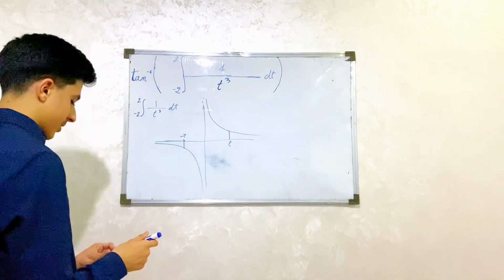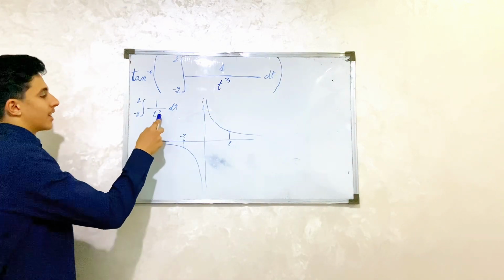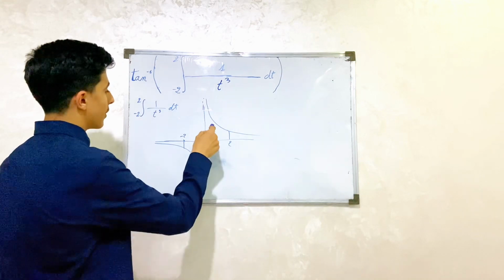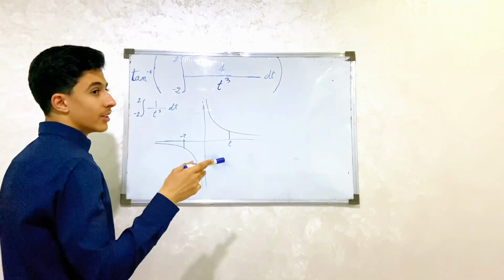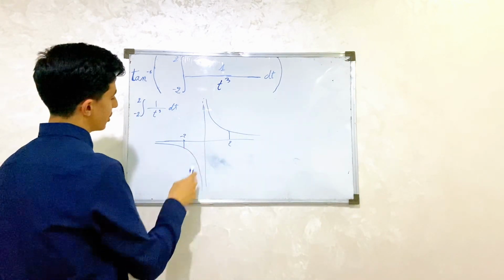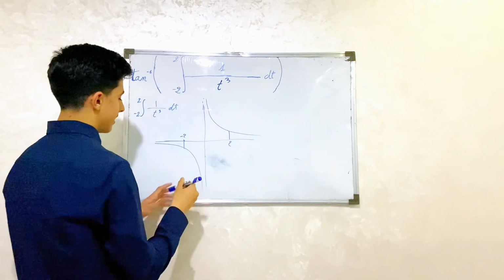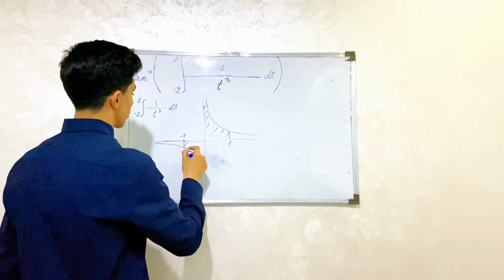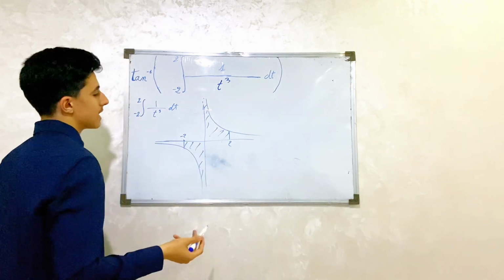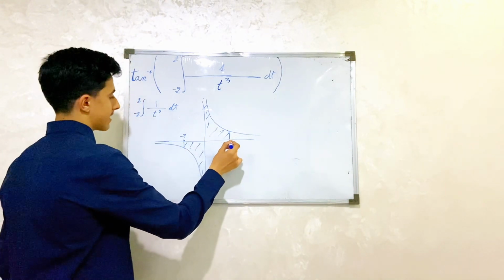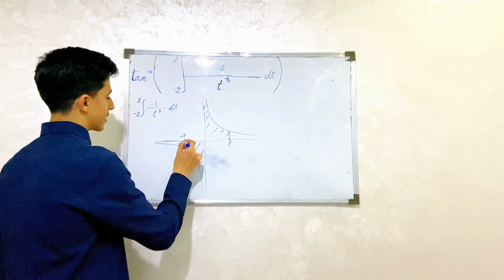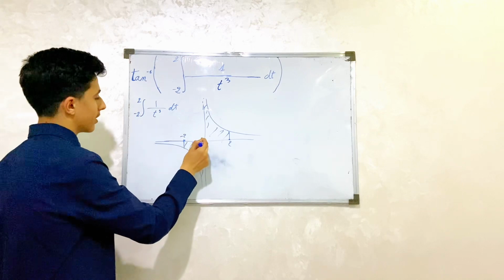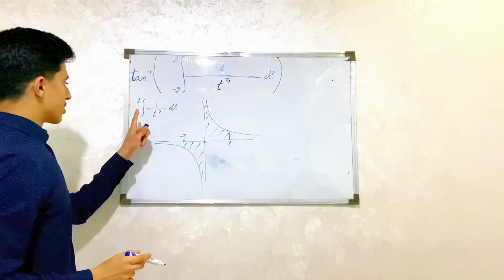So this function has an odd power, making the function odd, meaning that the function is symmetrical around the origin, meaning that this part over here is equal to this part over here, as long as this value and this value are equal.